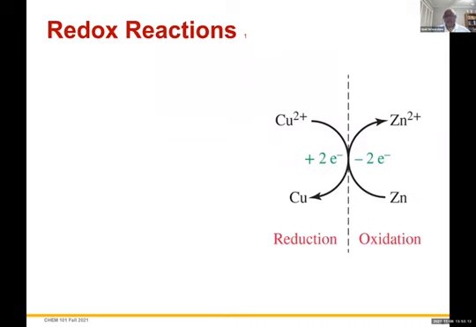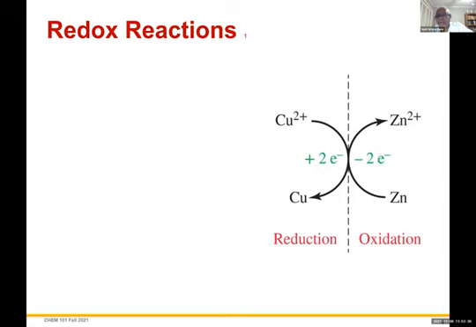Okay, let's look at this. There's a reaction here. There's a dashed line. There are two reactions. Copper 2+ on the left top gaining an electron to produce copper.